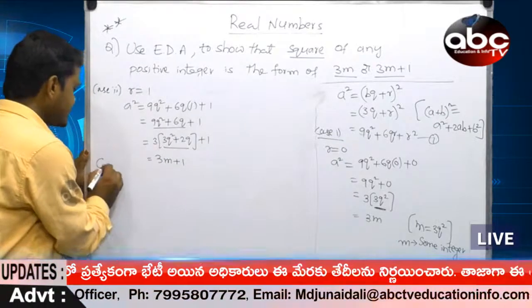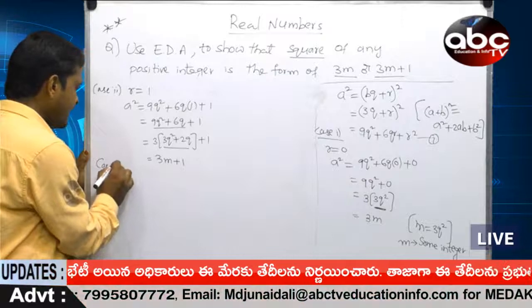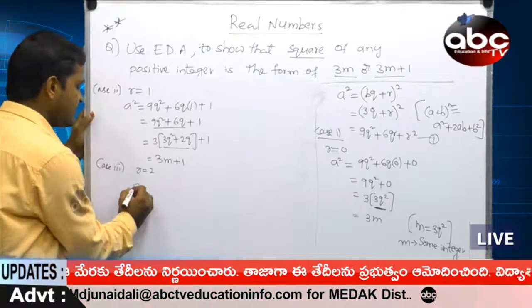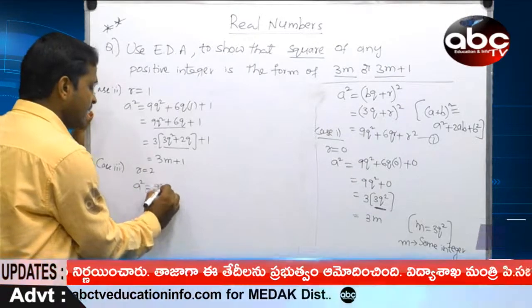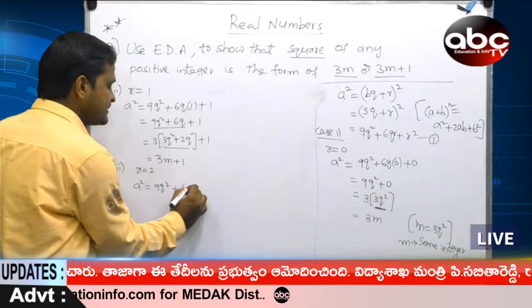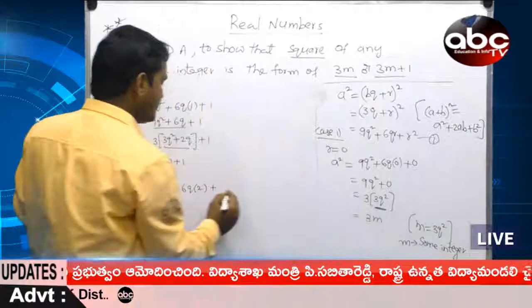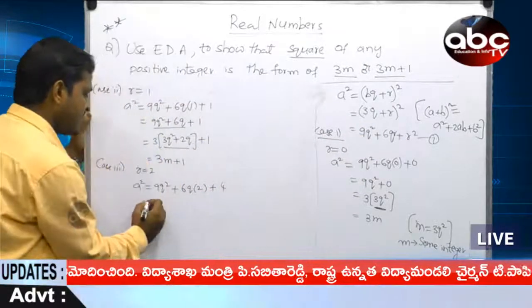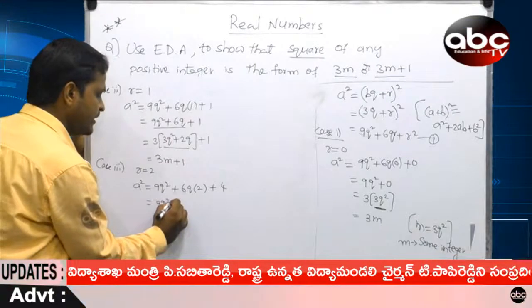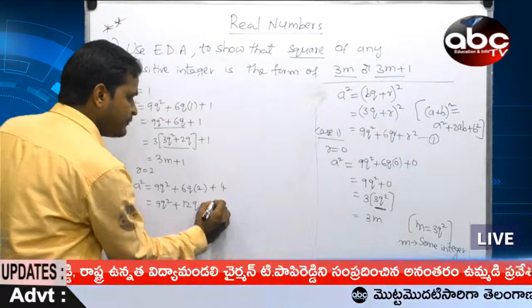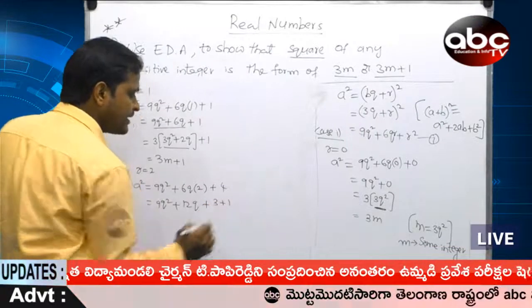Similarly, case 3, in case 3, r is equal to 2. From equation 1, a square is equal to 9q square plus 6q into 2 plus r square 4. Okay, then 9q square plus 12q plus 4, you can write 3 plus 1.